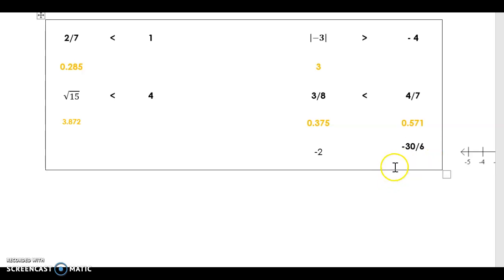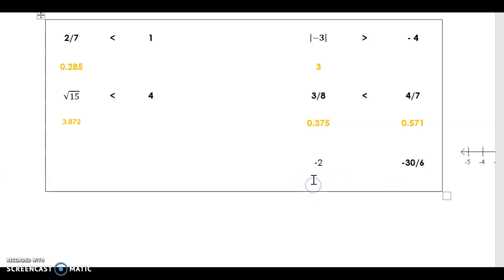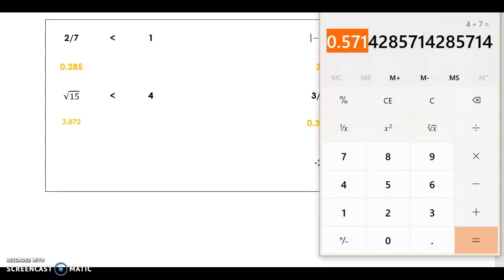Okay, last but not least here, -2 and -30 divided by 6. -2, normal value, it's an integer, so I can just leave it for comparison. -30 divided by 6. So remember, if you have negatives, here's your negative. It should be a plus minus. It is different than your subtraction sign, so be careful.